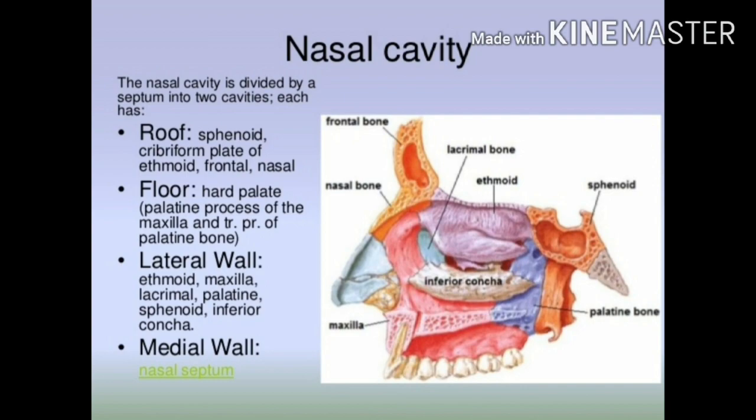The roof is made of sphenoid, ethmoid, frontal and nasal bone. The floor or the base is made up of the hard palate, and the lateral wall is made up of maxilla, lacrimal, palatine, sphenoid bone and the conchae, and the medial wall is made of the medial septum.